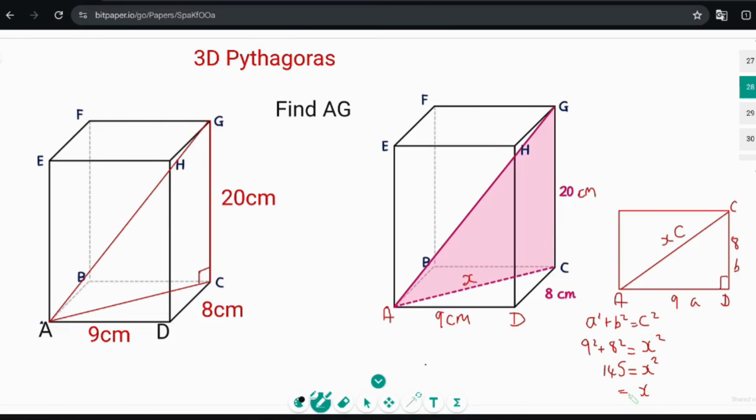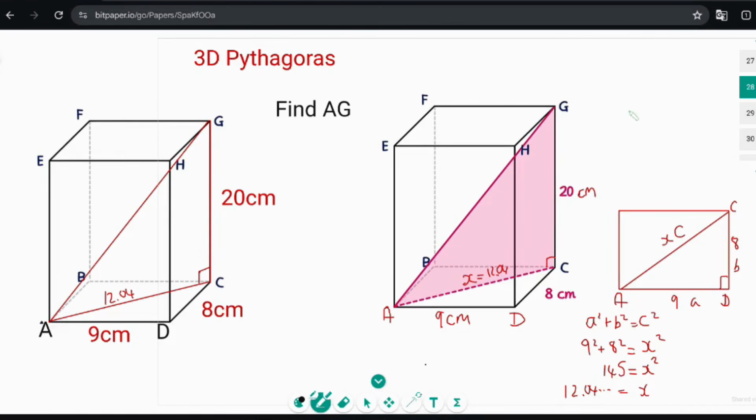X is 12.04. So can you see now? We have AC, we have GC, so we can find AG.